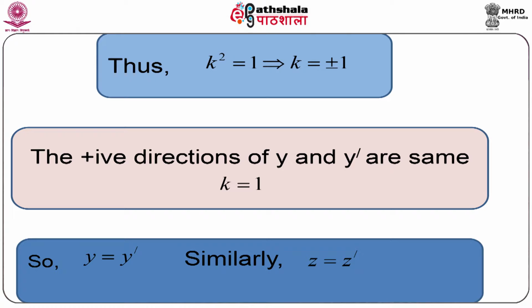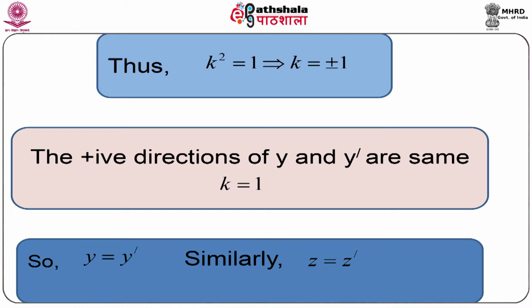Let us interchange the roles of S and S'. That is, if we consider S is now moving with respect to frame S' with uniform velocity v in the direction of positive x' axis, then we have a/a' equal to k function of v, that is the reverse of this result. Left hand side has been reversed. Multiplying these two, we get k square equal to 1.